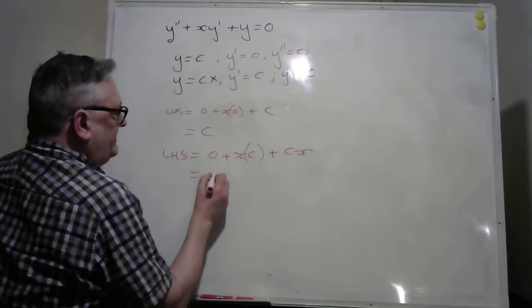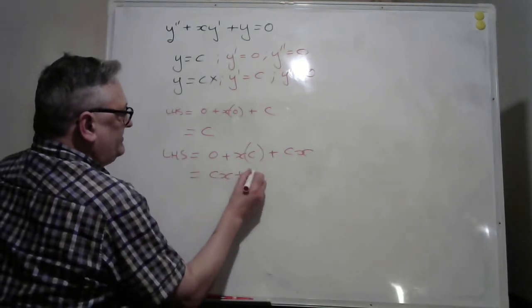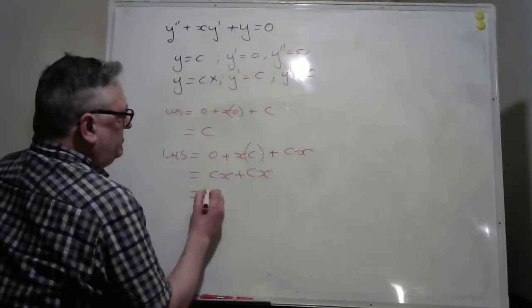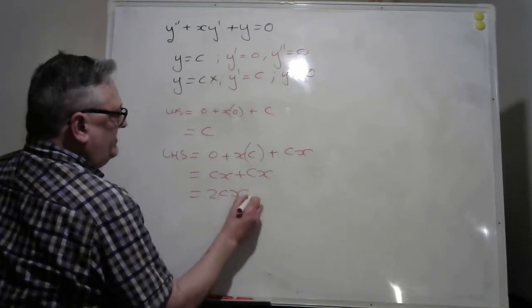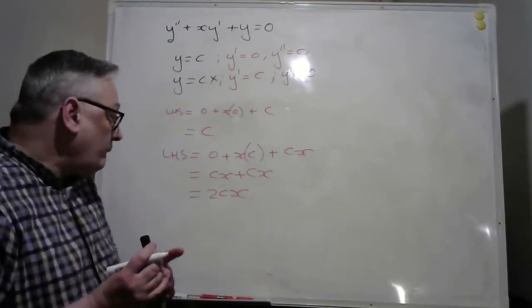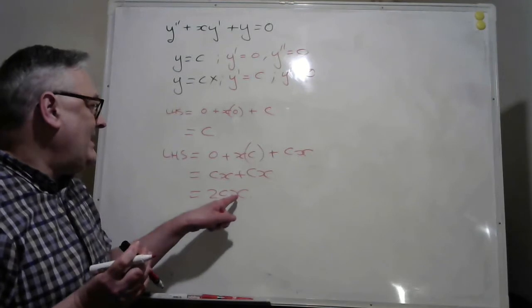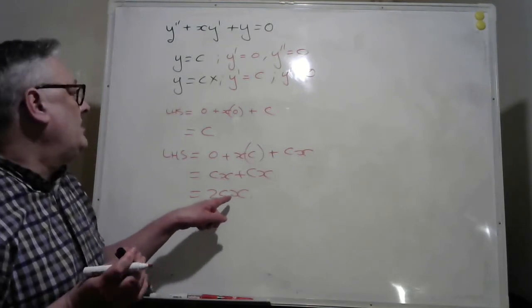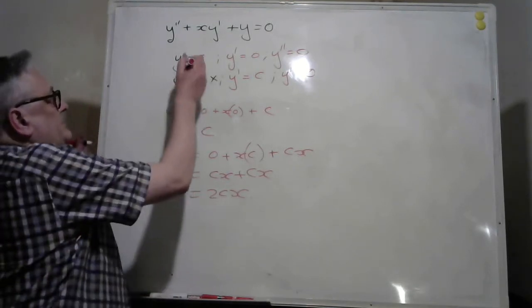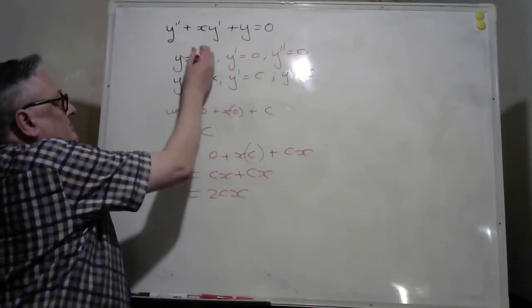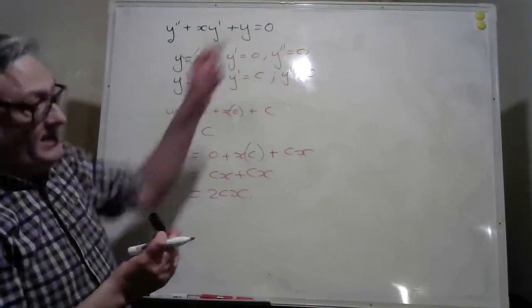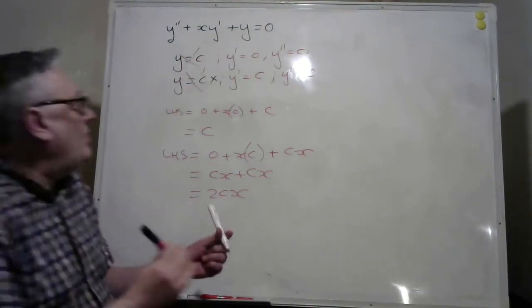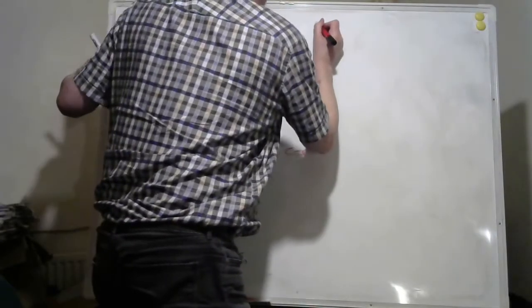And as you can see, we get cx plus cx, which is equal to 2cx. Once again, that clearly is not equal to 0. So this also does not solve this equation, which I think we will call equation 1.